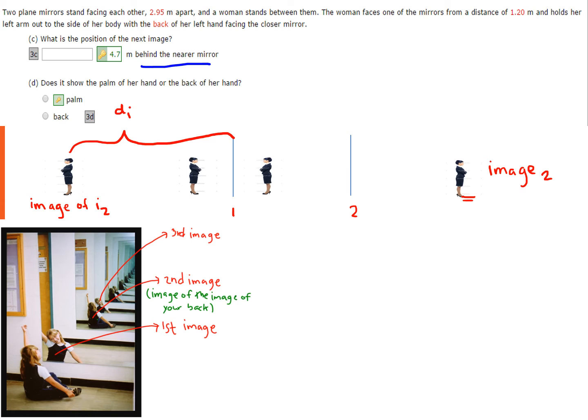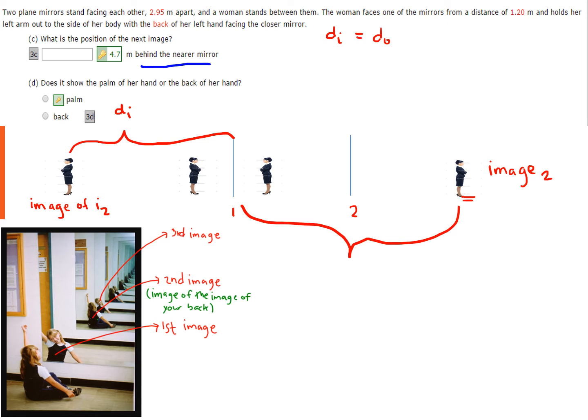Basically, according to the law of flat mirrors, the distance of the image is equal to the distance of the object. Therefore, in order to solve for di, we must solve for the distance of image 2 from mirror 1.